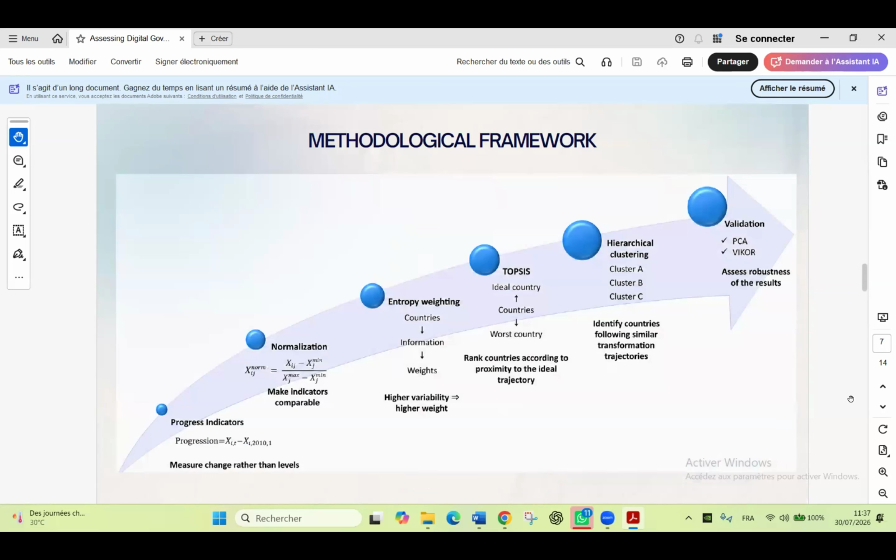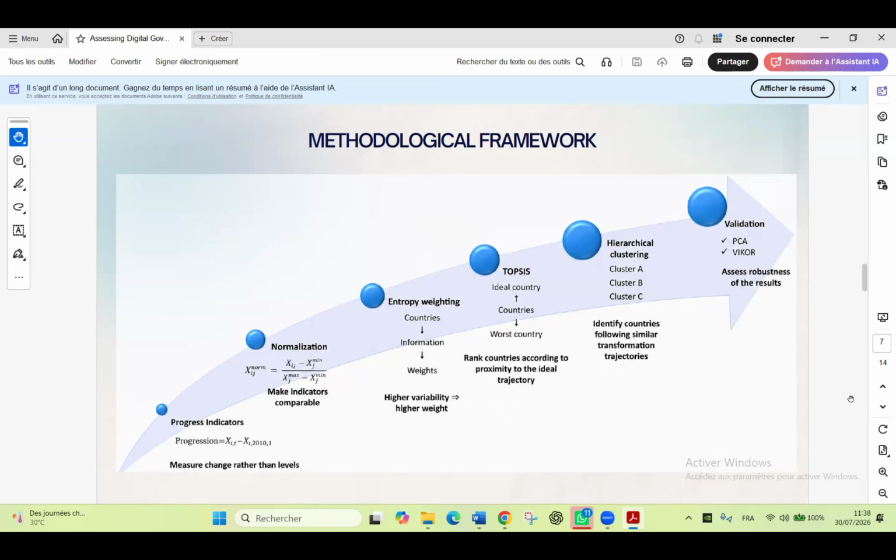Once the framework was established, we implemented a multi-step analytical procedure. We first transformed the original indicators into progress indicators, allowing us to measure change over time rather than static levels. The indicators were then normalized to ensure comparability and weighted using the entropy method, so that more informative indicators received greater importance.